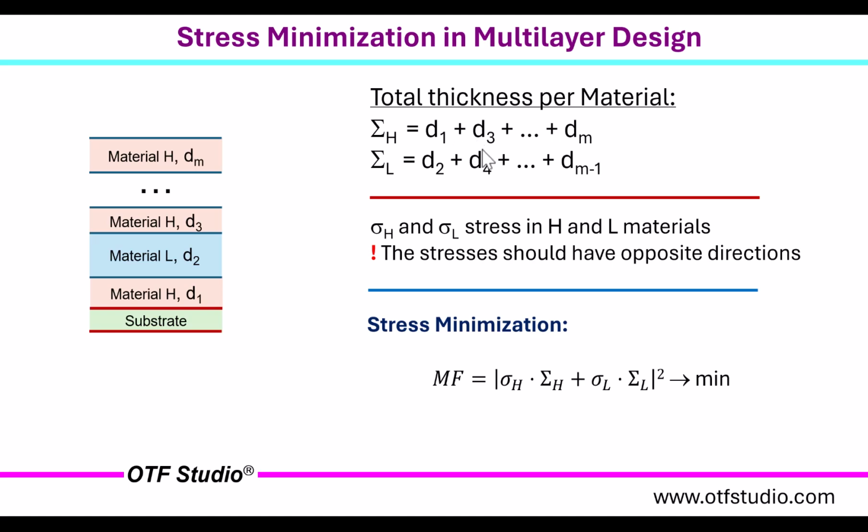And if we know stresses in these materials, sigma H and sigma L, then we can create a merit function based on these stresses and based on total thicknesses and create corresponding target, which allows us to minimize the stress. It's important that these stresses should have opposite directions or opposite signs. So this is important.